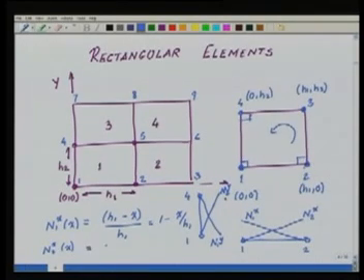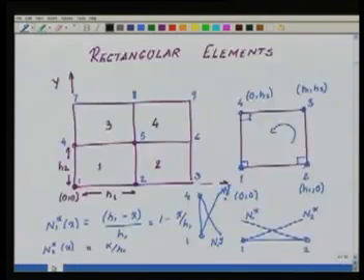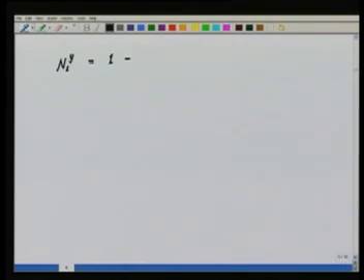This will be equal to nothing but x by h1. Okay. Similarly, n1 of y is equal to, from what we have done, n1 of y should be 1 here, 0 here at the point y equal to h2. So by the same token it becomes 1 minus y by h2 and n2 of y becomes y by h2. Okay. So this is a simple definition.